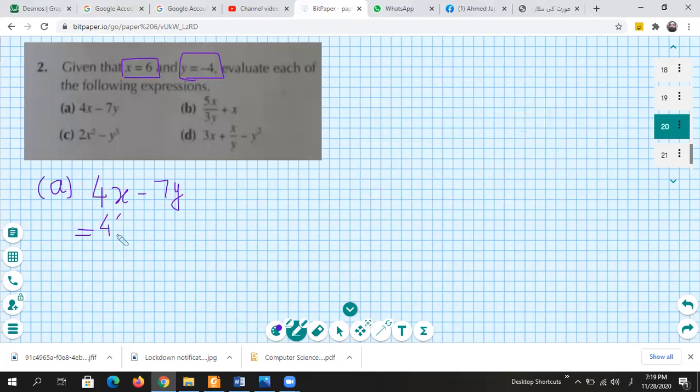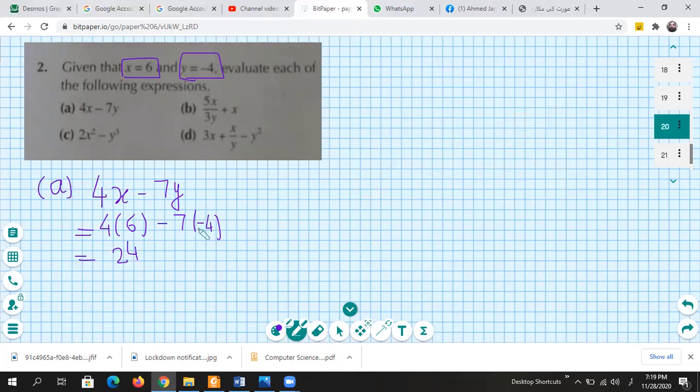So I'm writing 6 here, whereas y will be replaced by -4. All right, solve it. 4 times 6, 4 sixes are 24.